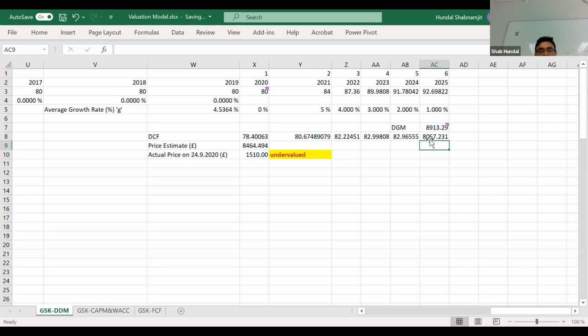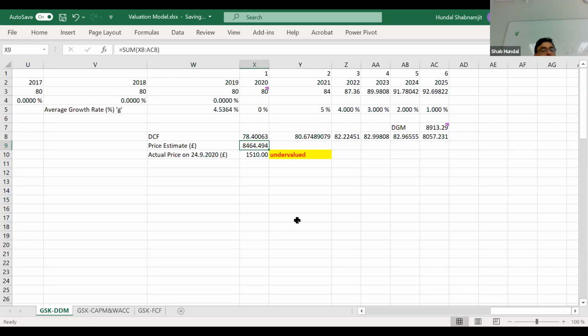And then once we have this cash flow, we make an estimate. So we are adding the cash inflow in 2020, in 21, 22, 23, 24, 25, and we find out that this is ultimately the estimated stock price. So if today the theoretical price of GlaxoSmithKline should be this.